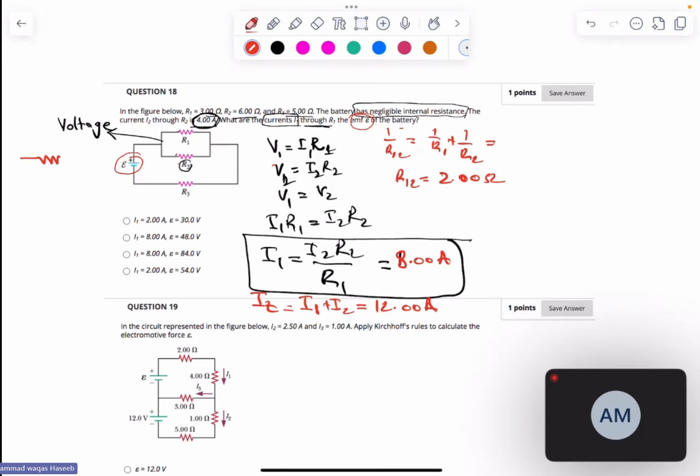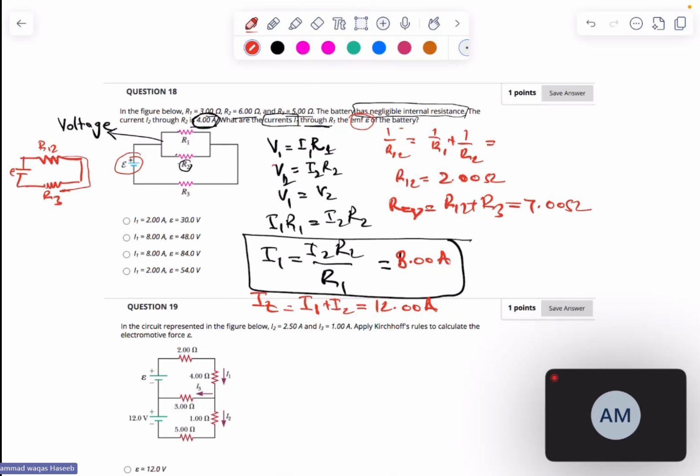It will become one resistance, then this resistance, and then this is your battery, which is the EMF. Now this is R12 and this is R3. If you see this, they are junction to junction, which is in series. So the total resistance is R12 plus R3, which is 7 ohm.